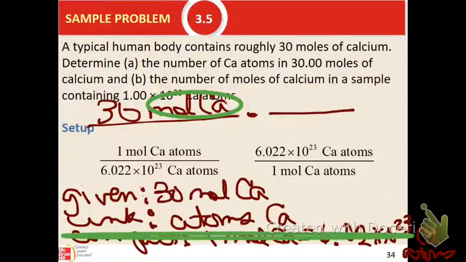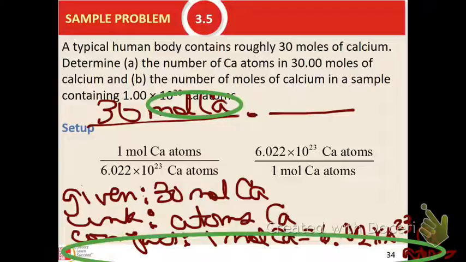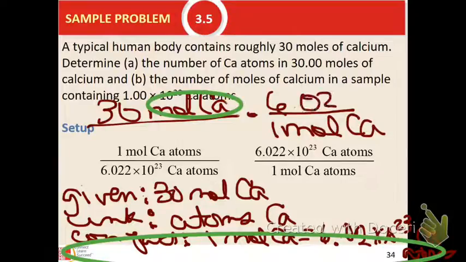They come from your conversion factors. I'm going to put that in the denominator. I'm going to put the moles of calcium. For every 1 mole of calcium, I have 6.02 times 10 to the 23rd atoms of calcium.